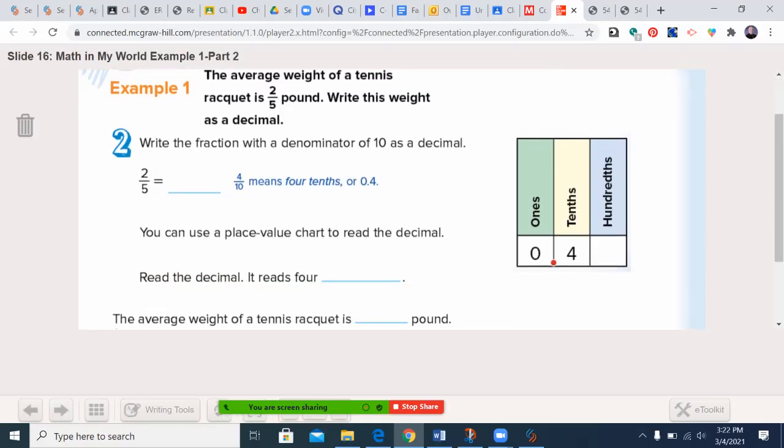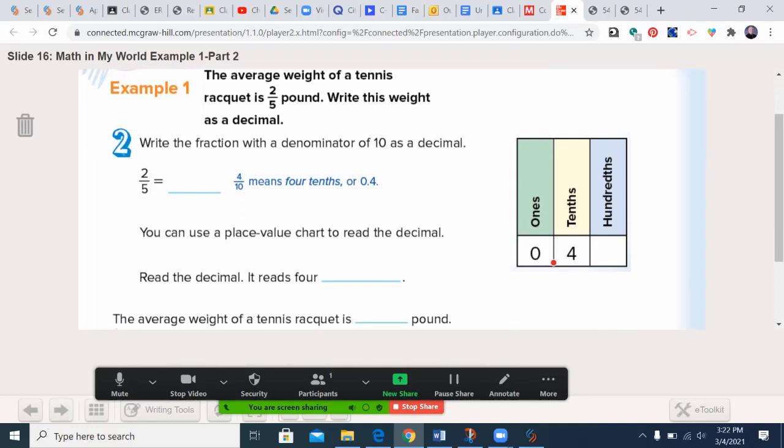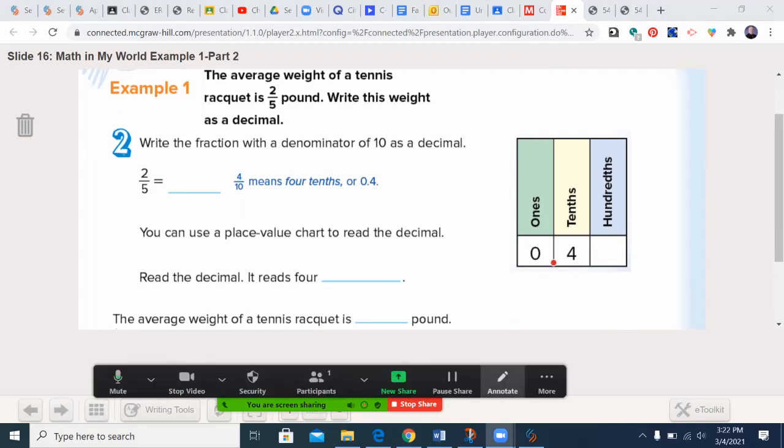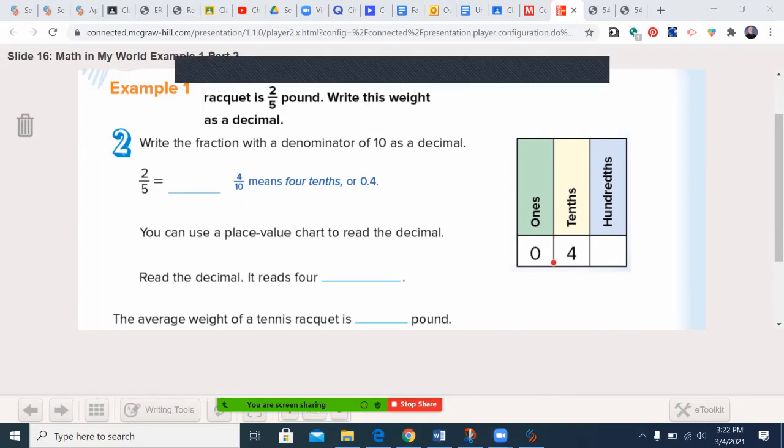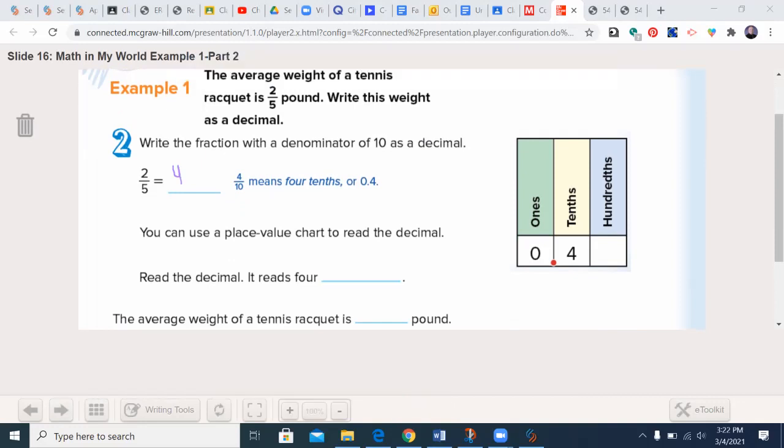All right, so now we had 4/10. Let me grab my annotation tool here. I'll write it this way this time. That's to show you that when you have a 4/10, it's the same as 4/10 like this. That's important to notice because in the Google form, it's going to be more like this. So I can use a place value chart to read the decimal.